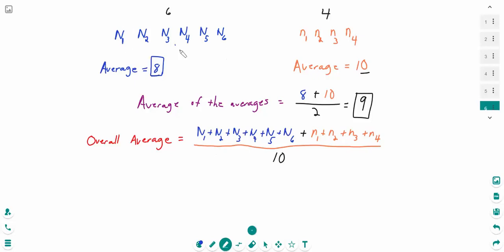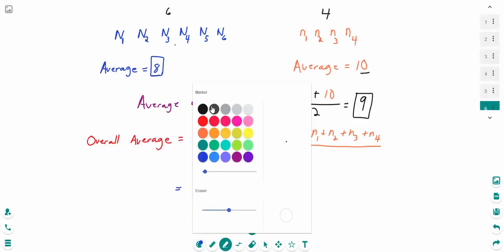The law of averages would tell us that these would have to sum up to the same thing as an 8 being summed with itself 6 times. Okay? So n1 could be replaced with an 8. n2 could be replaced with an 8. n sub 3 would be an 8. n sub 4 would be an 8. And I could keep going all the way up through n sub 6. So I have 6 8s.